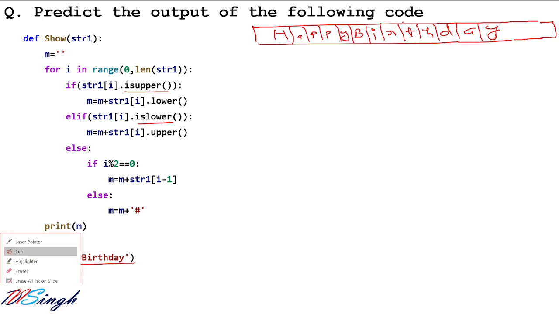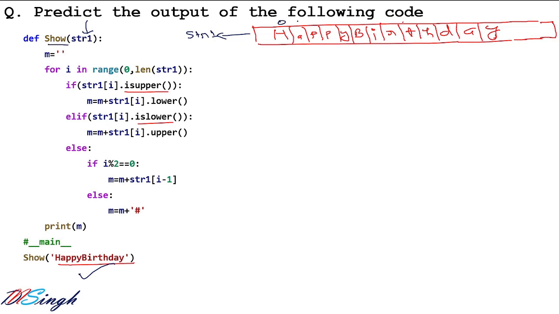So what are the forward indexes for this particular string? This will be stored into str1, because that argument has been passed from the function, and it is going to be stored in this local variable str1 which is local to the function.